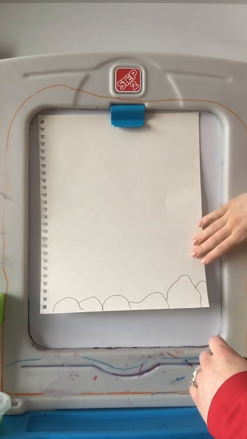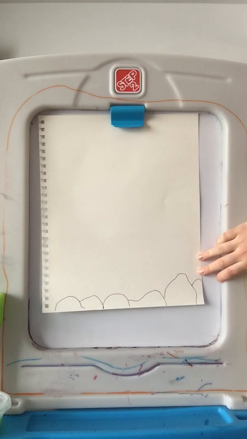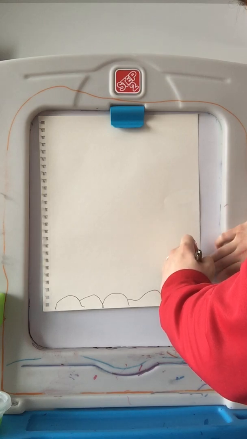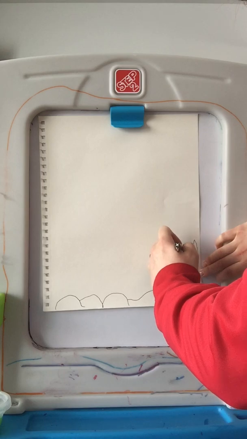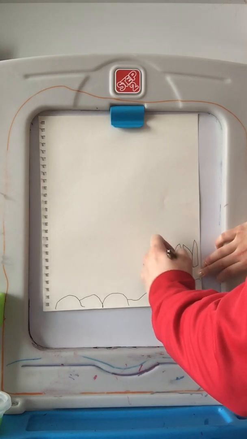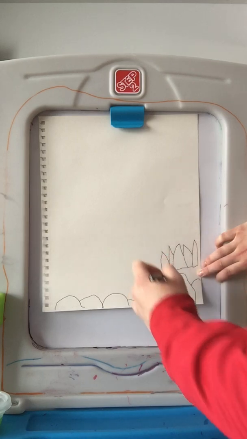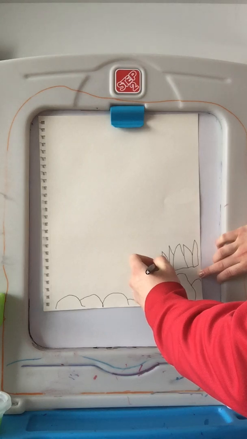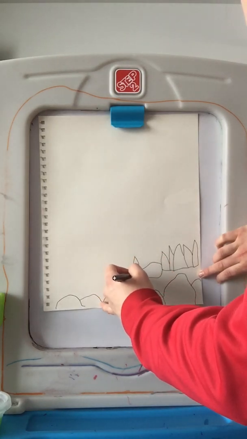I'm going to add some grass next. So what I want to do for that is I'm going to create these shapes. I'm just going to create some tall triangle-like shapes that might resemble grass. And I might do a couple here, maybe add another rock here, and then do some more grass.